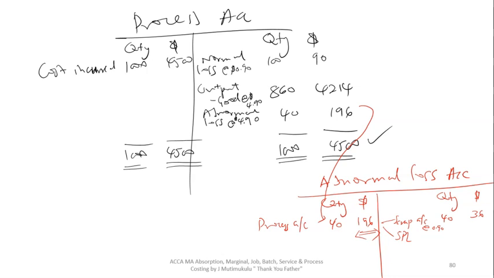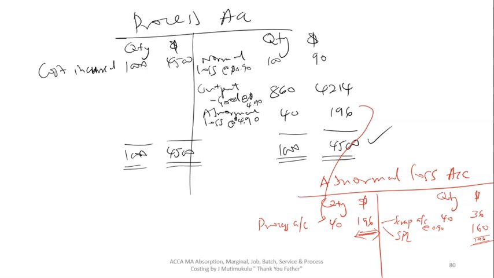But we know that this side should add up to 196, to equal the debit side. So the difference is the transfer to the statement of profit or loss, which is an expense to the statement of profit or loss, and the difference is 160.